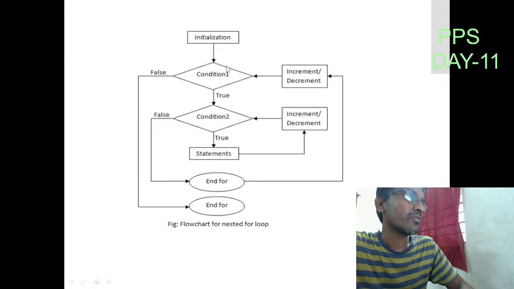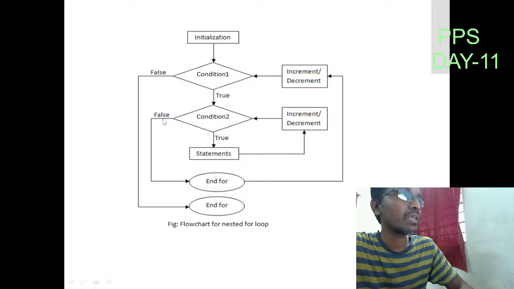So this is a flowchart diagram for nested for loops. So initialization, condition 1, if it is true, then it will go to condition 2. If it is true, then it will go and execute the statements, and in the inner block it will be incremented or decremented, and again it will check whether the condition is true or not.